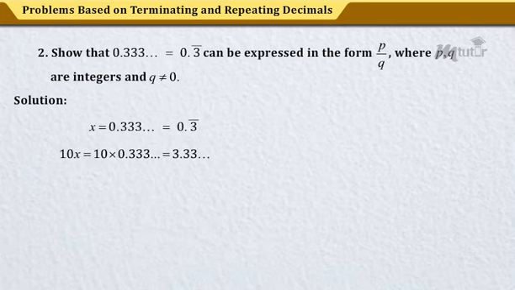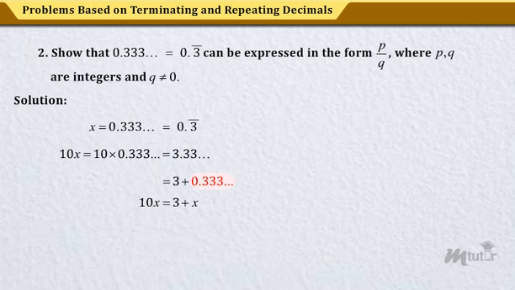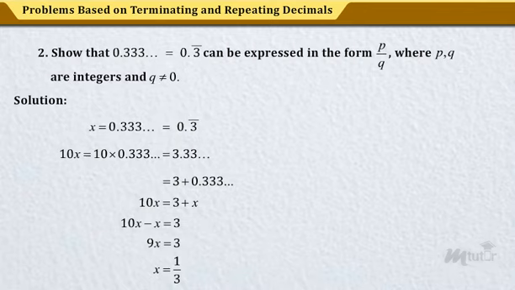This number can be written as 3 plus 0.333 and so on. Now, substituting the value of 0.333 and so on, as x we get 10 into x equals 3 plus x. Solving for x we get x equals 1 by 3, which is the required answer.